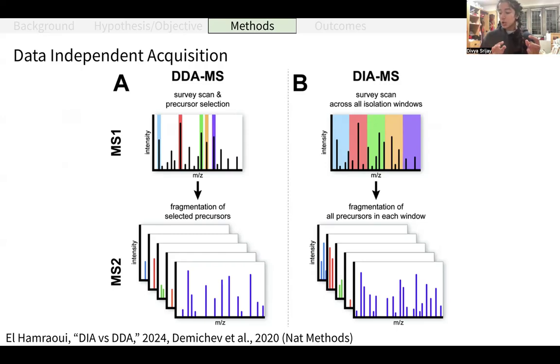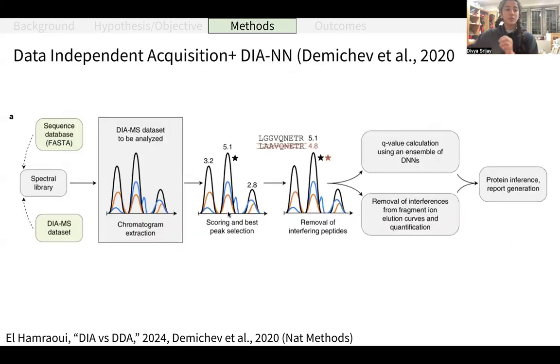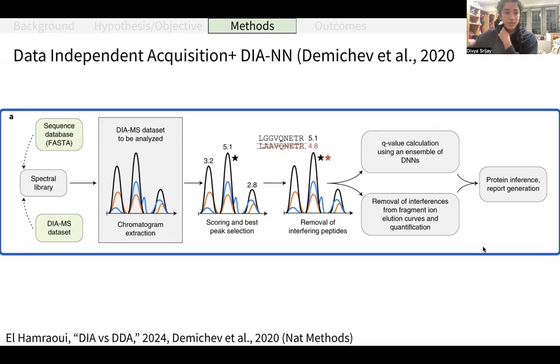And so in this way, we can achieve single cell discovery proteomics and even quantify low abundance proteins. And then we'll use DIA-NN, which reduces noise, and we'll be able to score and match our DIA spectra to predicted protein levels and protein characterizations.